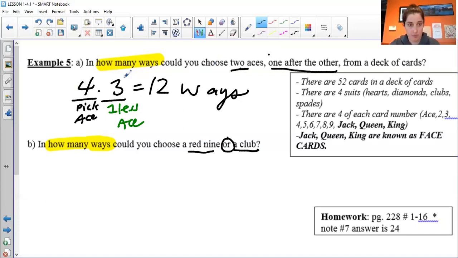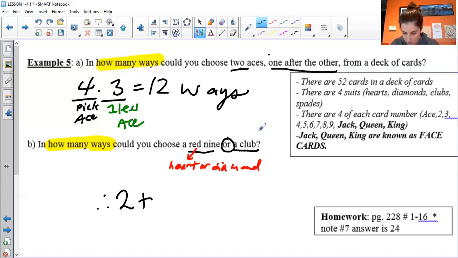A red 9, so red means a heart or diamond. So how many red 9s are there? 2, plus a club.